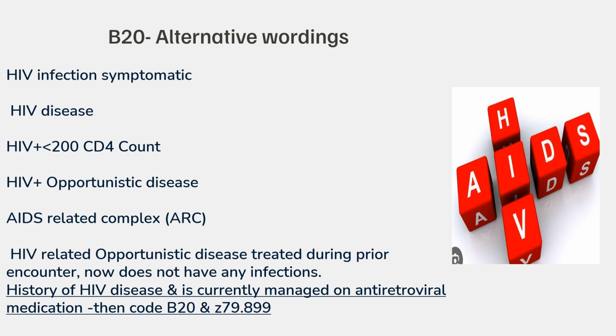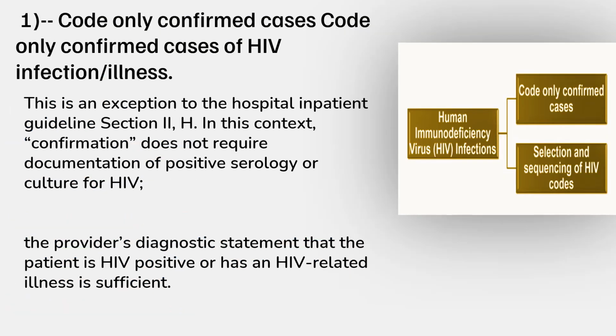But in all these scenarios, we are going to write the code B20. So pay attention to all these alternative wordings, because during the exam, they invariably test you by giving these alternative wordings.